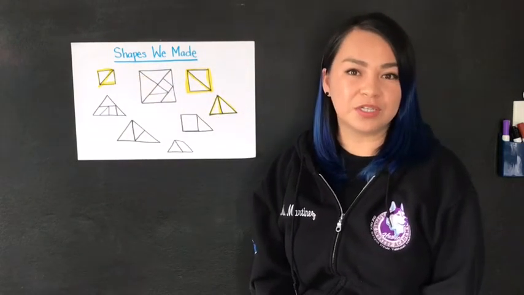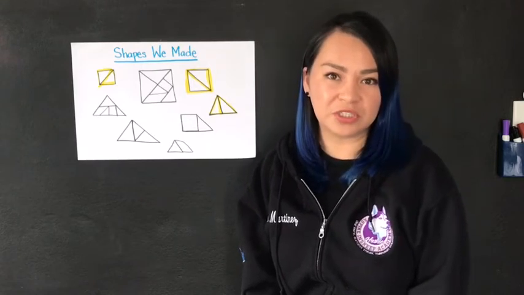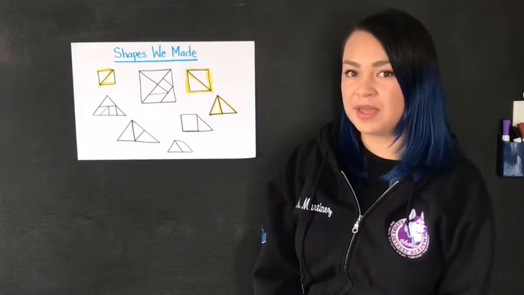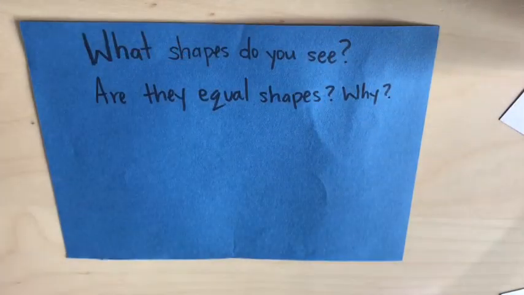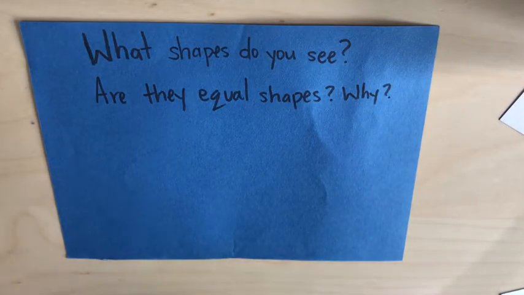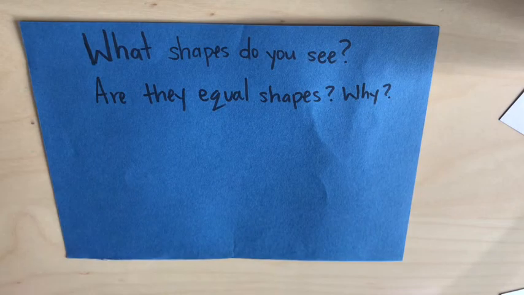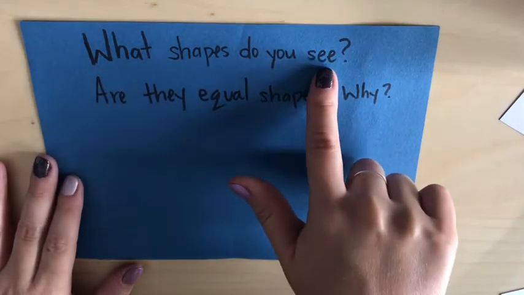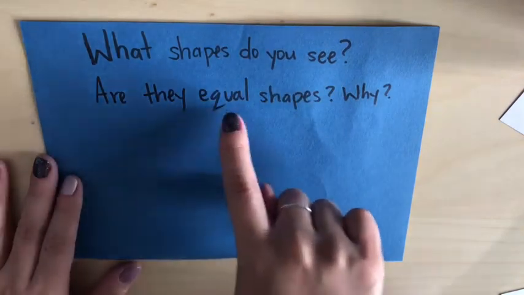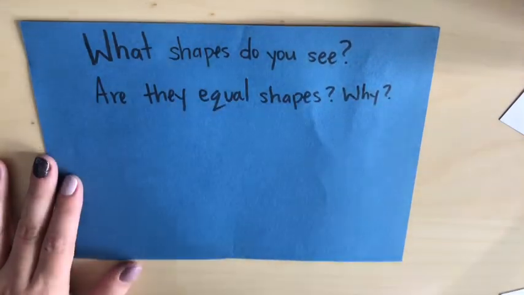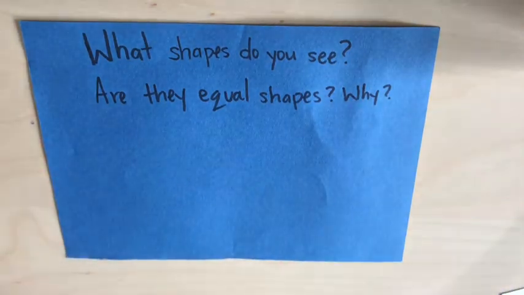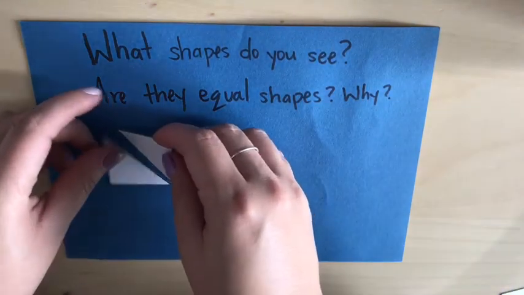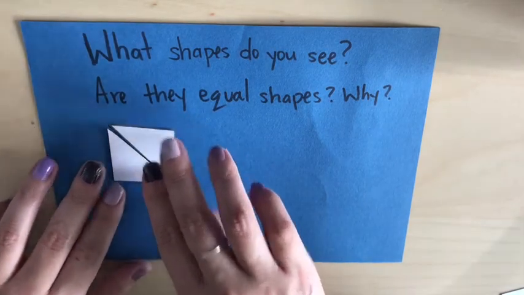Let's take a closer look and answer some more questions to see if the shapes that we create are equal shapes that have equal parts. Now we are going to look at some shapes and we are going to ask ourselves two questions. We are going to ask, what shapes do you see? And are they equal shapes? And why? How do you know that they are equal shapes? So let's look at this first shape that's made of two other shapes.